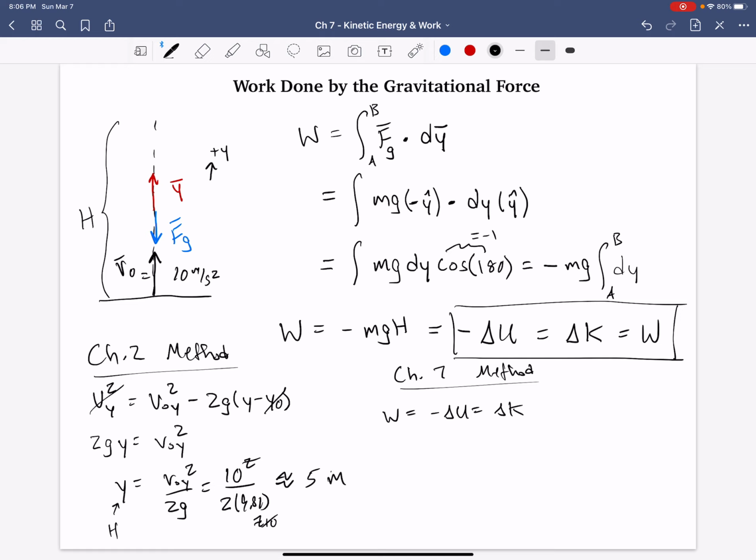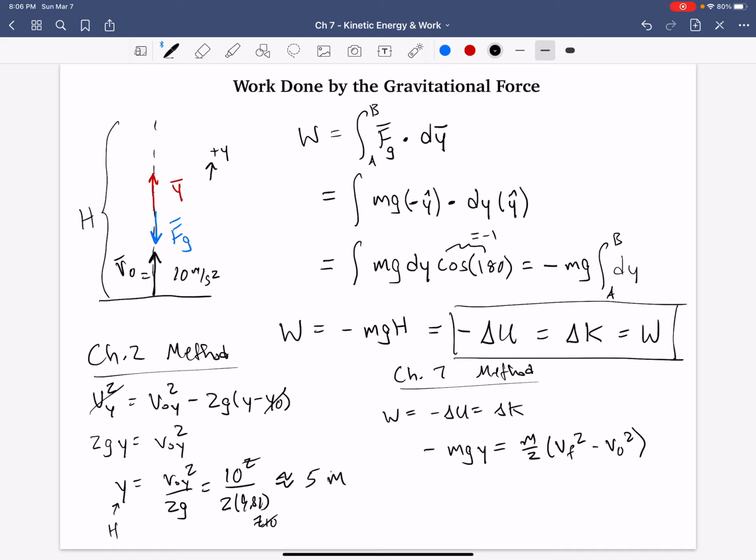So let's do that here. We have negative mg, I'll do y here to stay consistent, and then that's equal to the change in kinetic energy, which is 1/2 m times final speed squared minus the initial speed squared. Okay, well, let's solve for y.